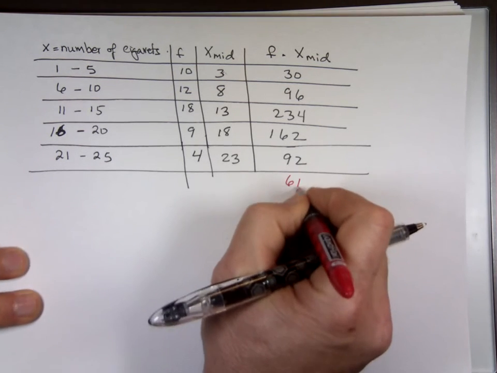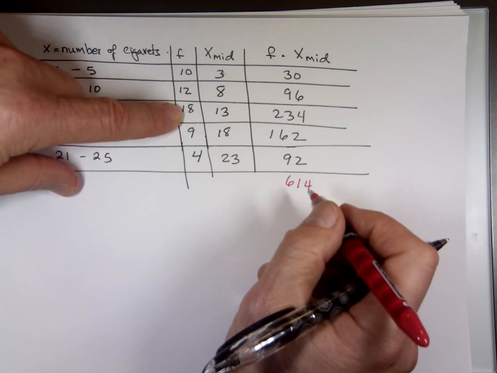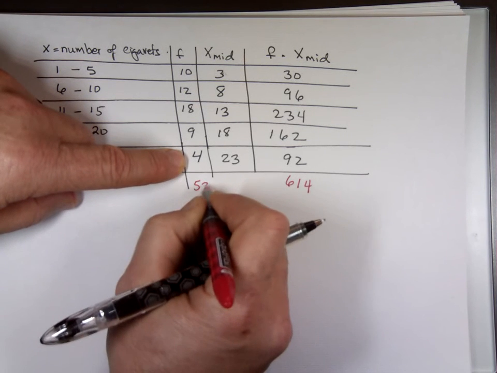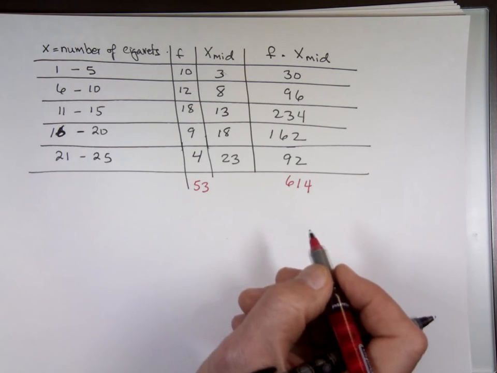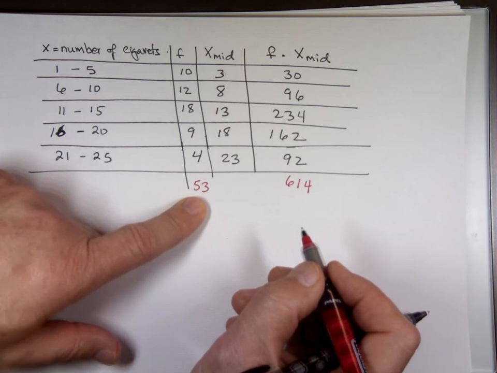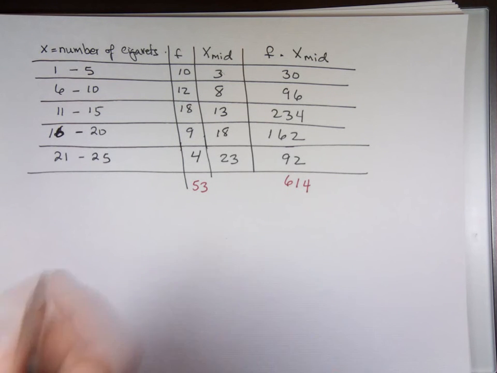If we add the frequencies, what do we have? 30, 40, 49. Is that 53? That's my sample size. That's how many people took that survey. So what's now the average, the mean?